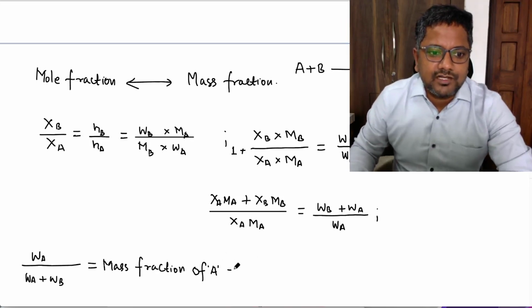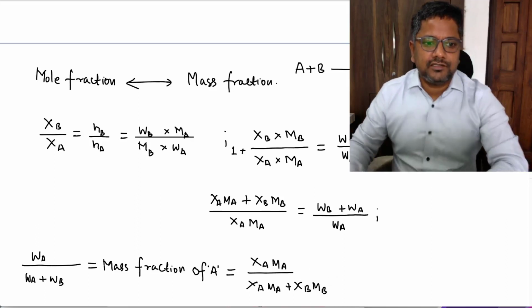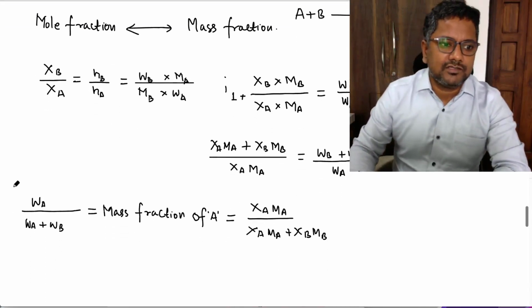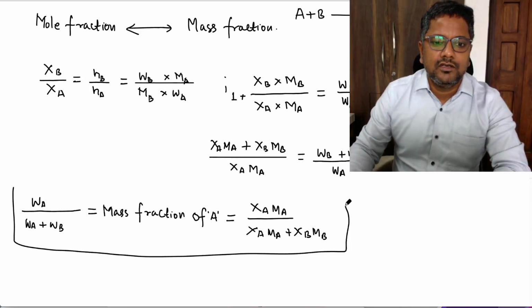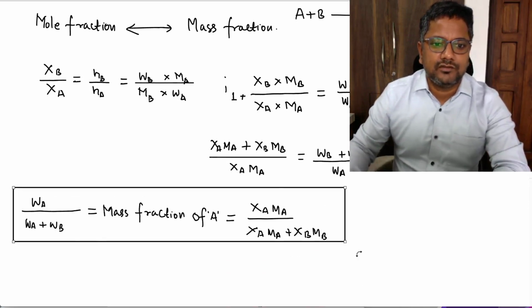So mass fraction of A is equal to XA MA by XA MA plus XB MB, right? So this formula you can use for the relation between mass fraction and mole fraction, right?